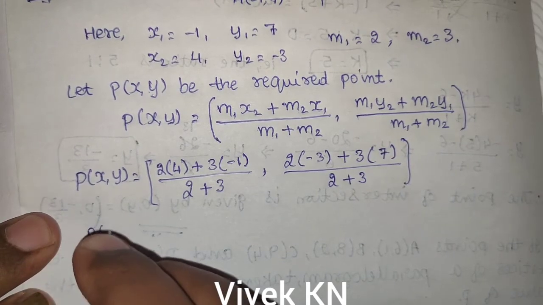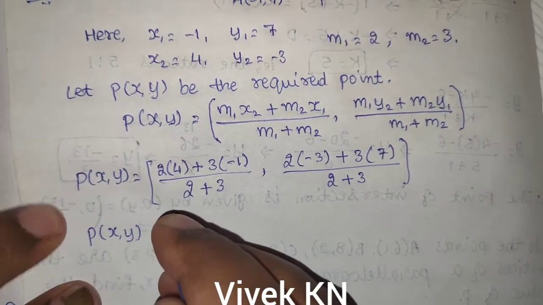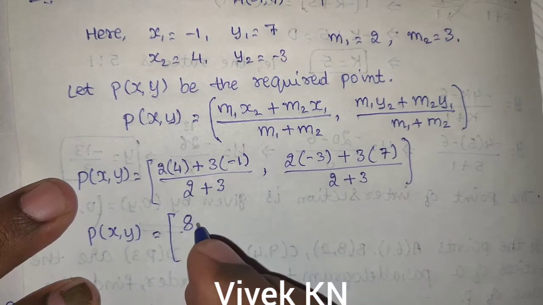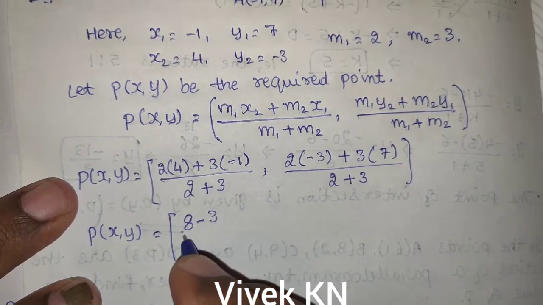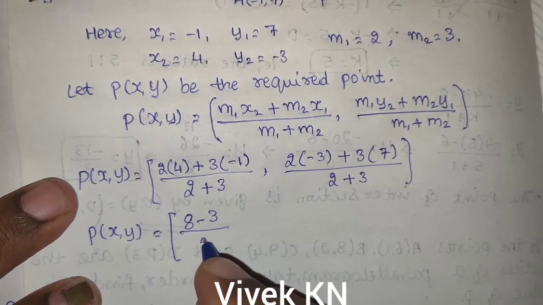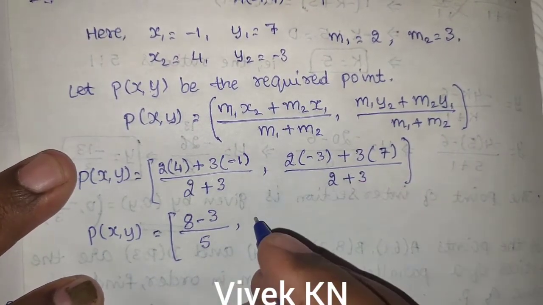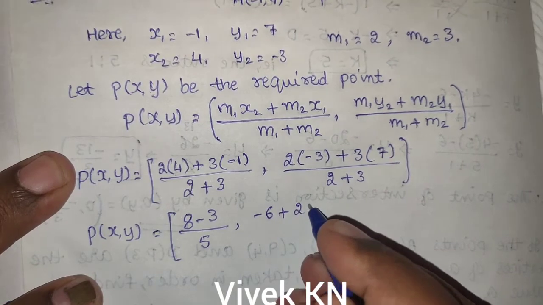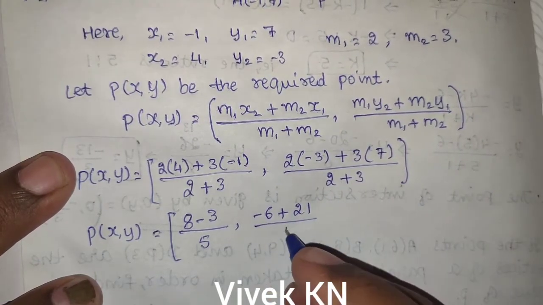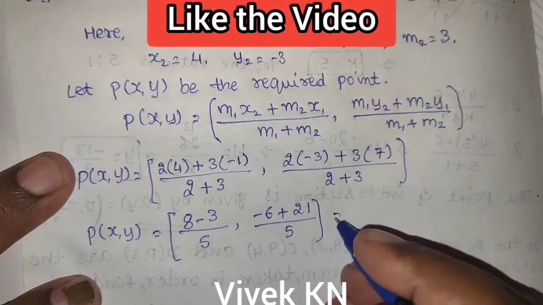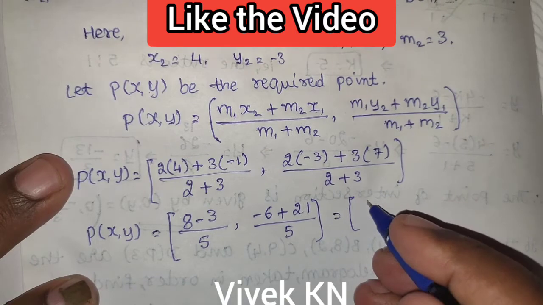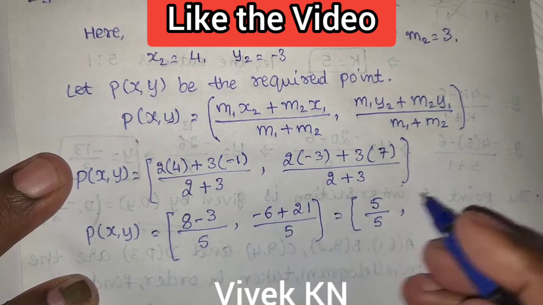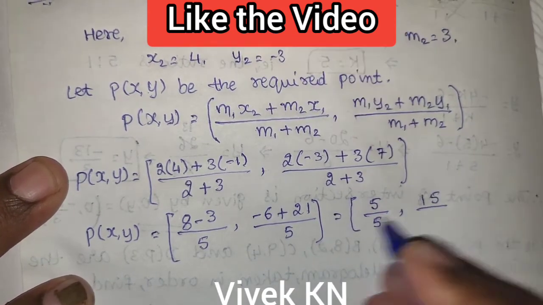Now P(x, y) is equal to 2 into 4 is 8, plus 3 into -1 is -3, divided by 2 plus 3 is 5, comma 2 into -3 is -6 plus 3 into 7 is 21, divided by 2 plus 3 is 5, which is equal to 8 minus 3 is 5 divided by 5, comma 21 minus 6 is 15 divided by 5.